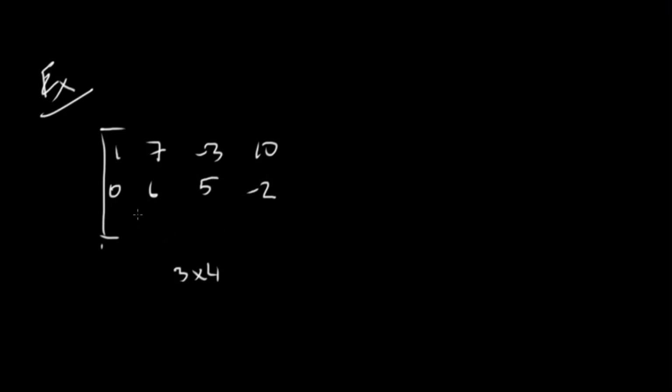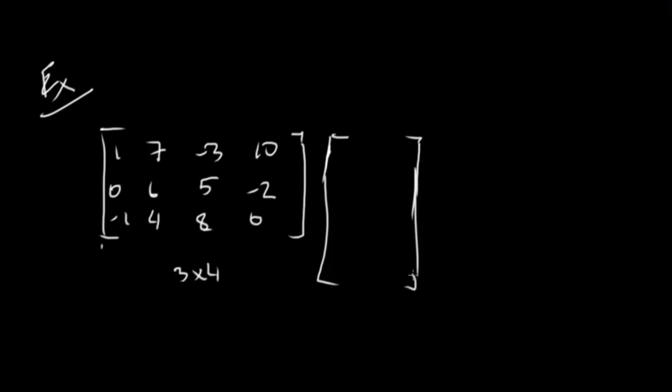And negative 1, 4, 8, 0. And I want to multiply this by, and we don't actually put a symbol when we do it, just like when we multiply numbers, I'm going to go ahead and multiply this by 6, negative 4, 0, 2, 3, 5, and 9, negative 1.